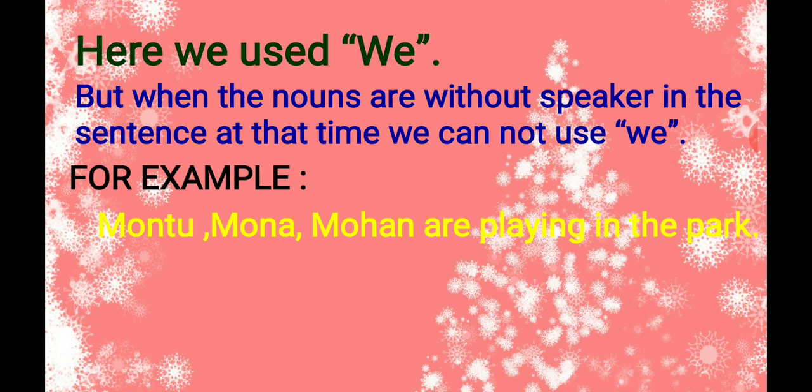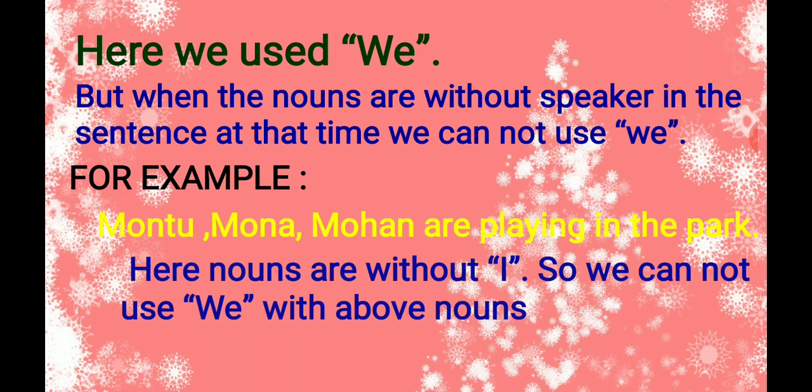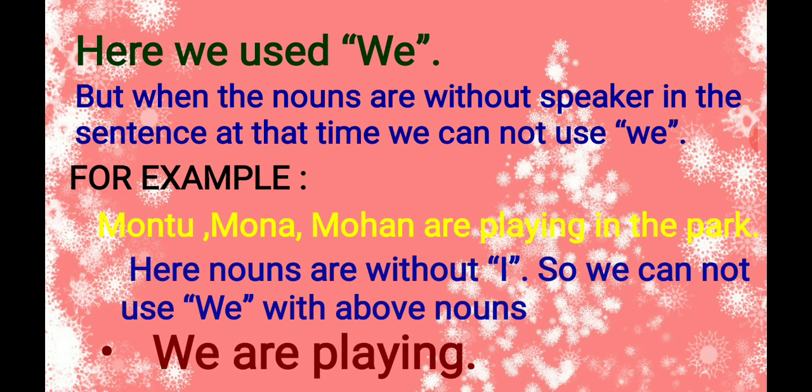Then we cannot use we. If we write we are, here the nouns are without I. So we cannot use we for the above nouns. And if we write we are playing, meaning Montu, Mohan and Mona are playing, it is the wrong pronoun.